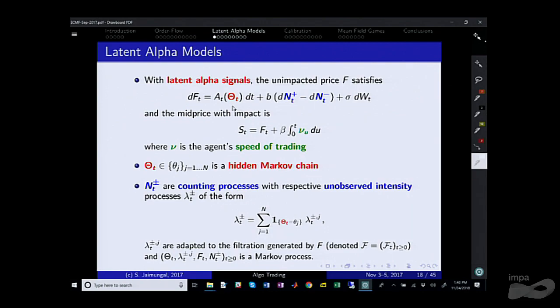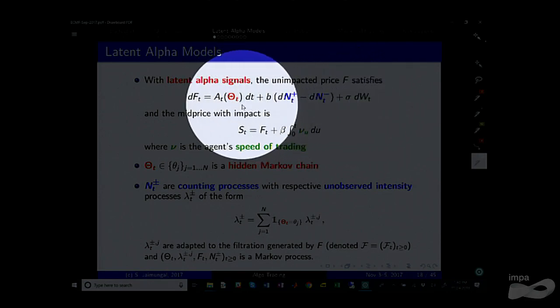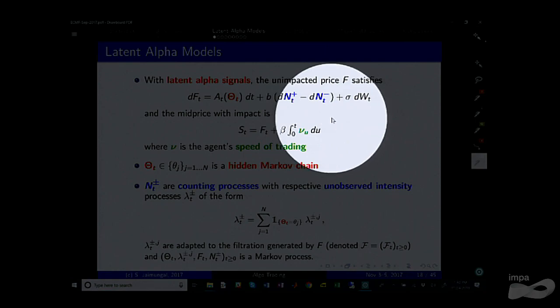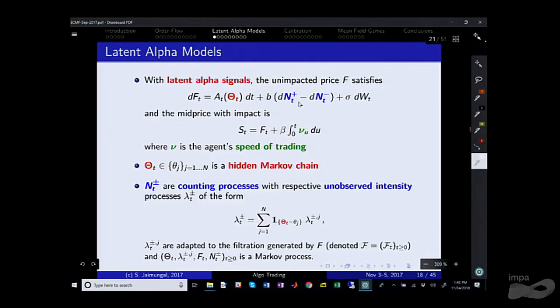As well, there is a jump process. So if you don't like continuous parts to the process, in other words, you don't like this dt term, you don't like this dw term, well, turn them off. You also have a pure jump component, because in reality, prices are living on a grid. It depends on the time scale that you're thinking about. So this is why we looked at the general form.